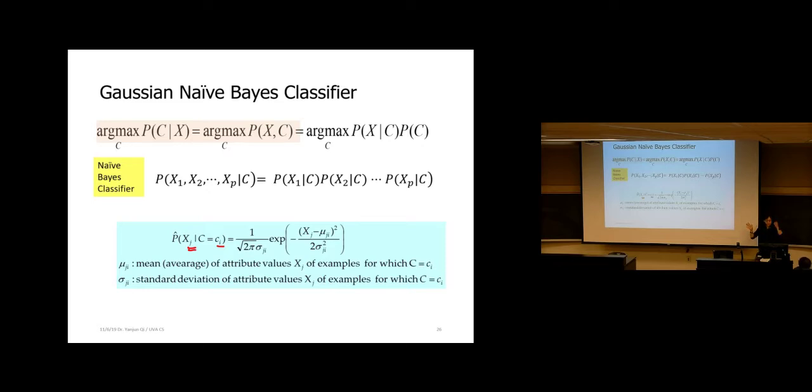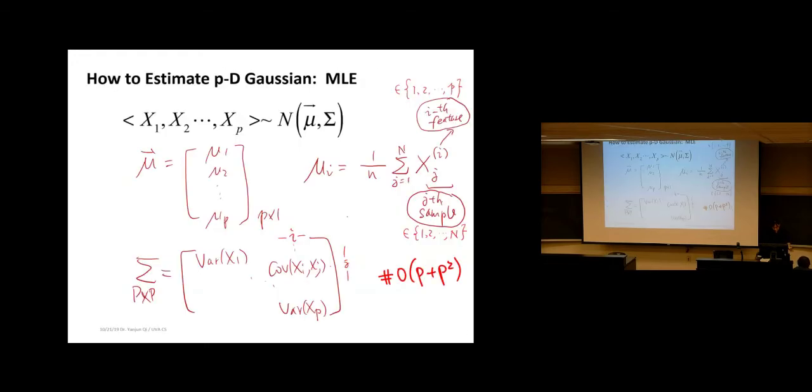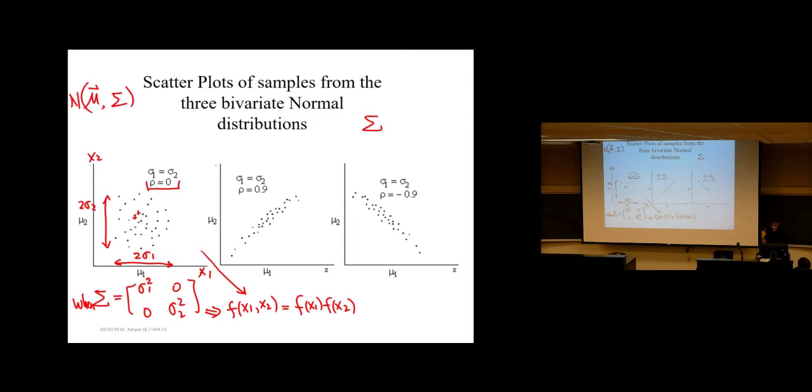So for the naive case, if I want to estimate this from data, how many parameters do I need? From data, I need to estimate mu 1 to mu p, and I also need to estimate sigma 1 to sigma p.